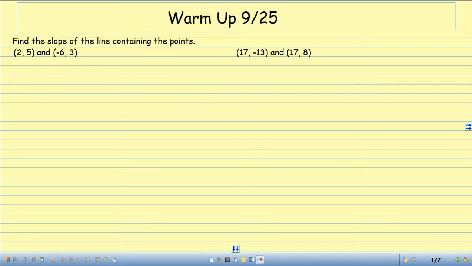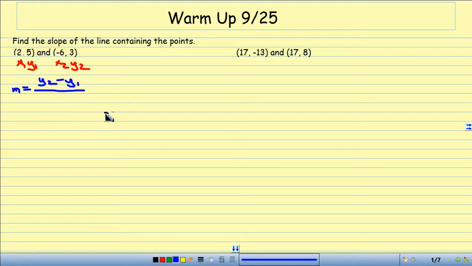What I'm going to do is, first thing, label my points. So I've got x1, y1, and x2, y2. I know my equation for my slope. That's m equals y2 minus y1 over x2 minus x1.